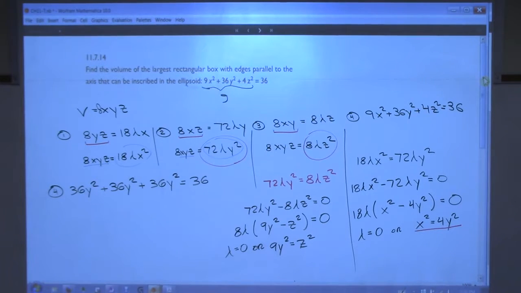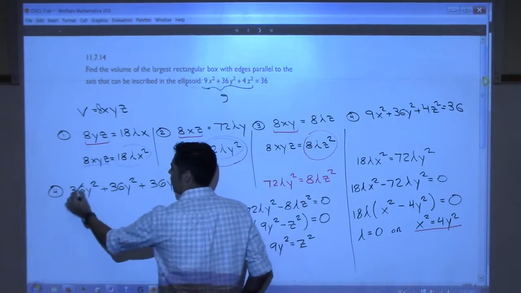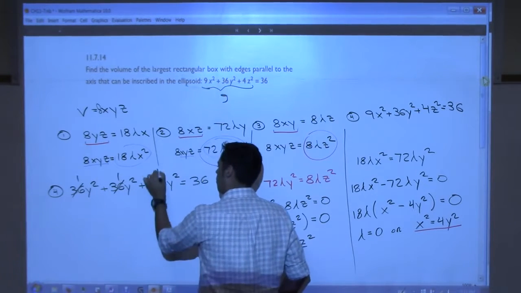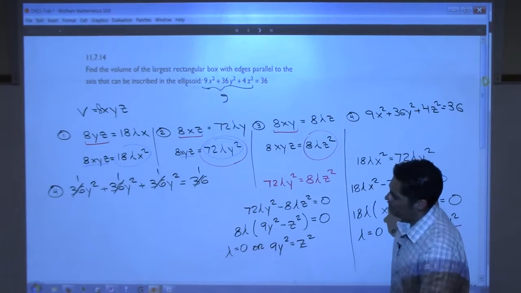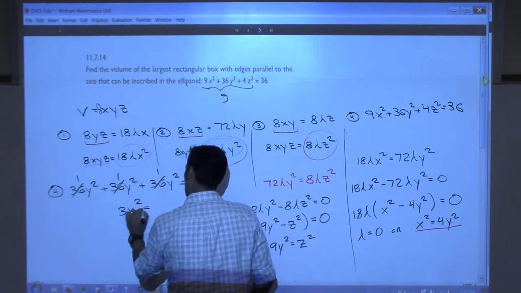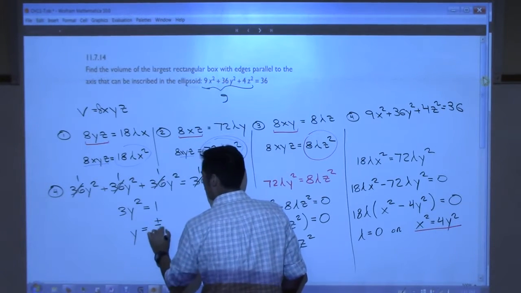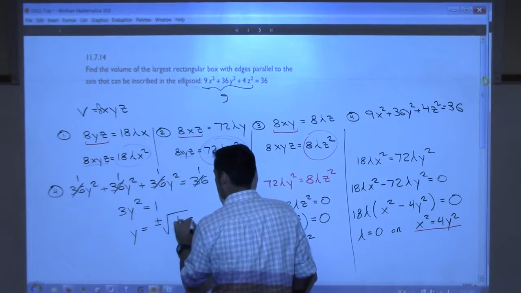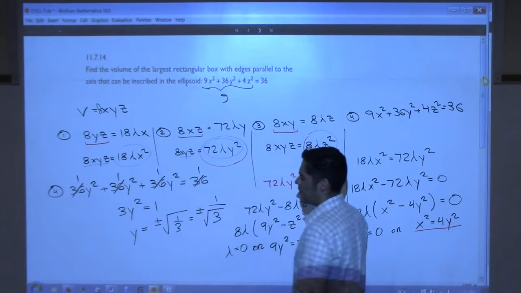Which means we can just divide everything out by 36? So 36s are gone. Those turn into 1s. 1, 1, 1. So you get, how many y squareds on the left? 3 of them. 3y squared equals 1, which means y equals plus or minus the square root of 1/3, which is plus or minus the square root 1 over root 3.